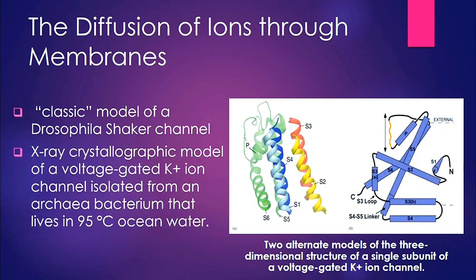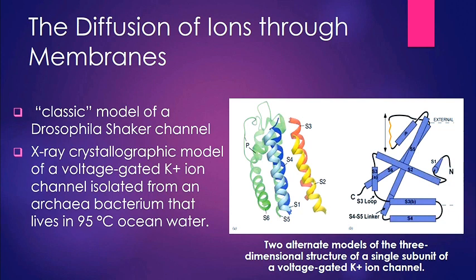So figure B is the X-ray crystallographic model of a voltage-gated potassium ion channel isolated from an archaebacterium that lives in 95 degrees Celsius ocean water. The protein displays the same physiologic features as eukaryotic potassium channels, but is more easily crystallized.